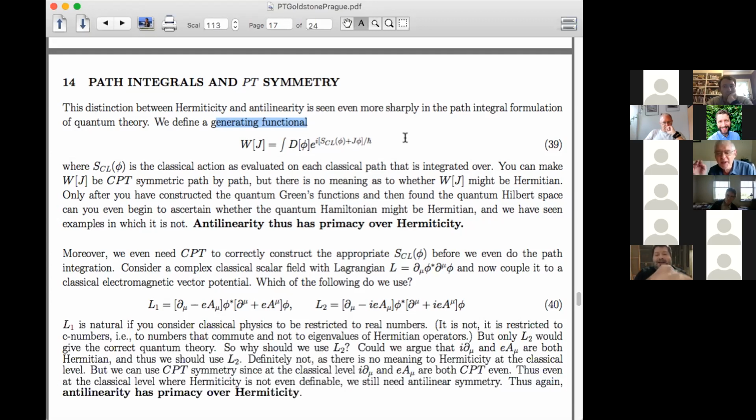I mean, all I've done is I've taken the normal Gell-Mann-Low adiabatic switching procedure and replaced the Green's function by the path integral. Don't Gell-Mann-Low me, please. You should tell me, how do you know that in your non-Hermitian theory... Gell-Mann-Low is for Hermitian theories.